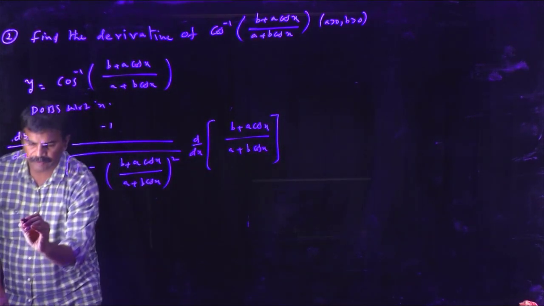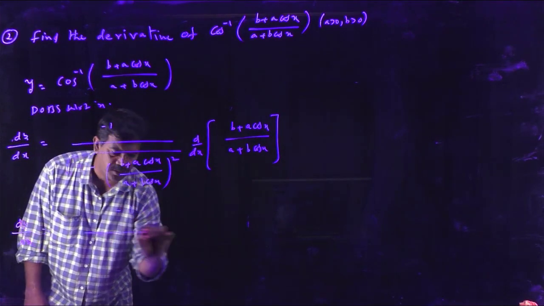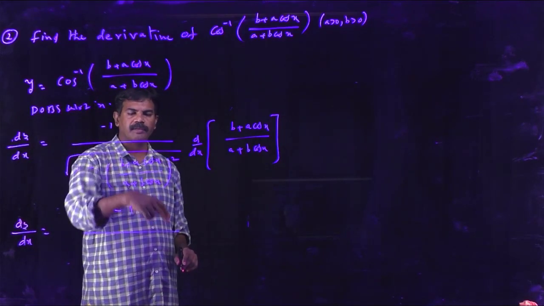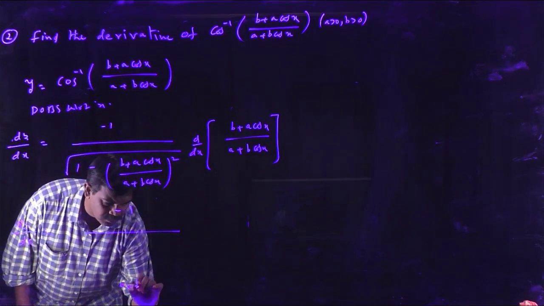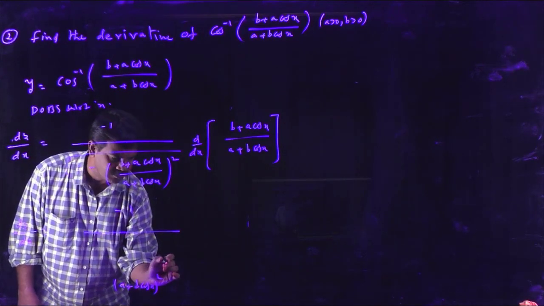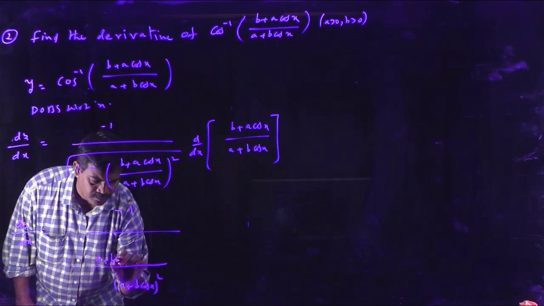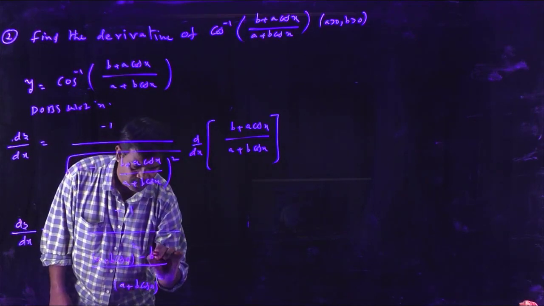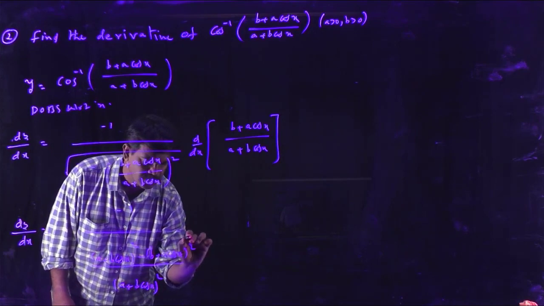So that is dy by dx is equal to minus 1 by, here numerator square by denominator square, that is the denominator square is the LCM, that is (a plus b cos x) whole square is the LCM. We get (a plus b cos x) whole square minus (b plus a cos x) whole square under root.